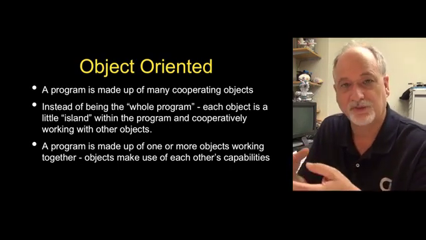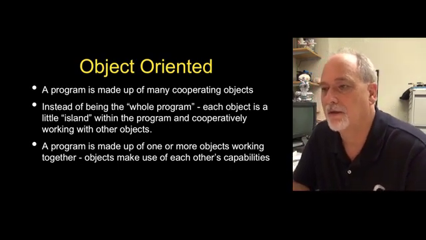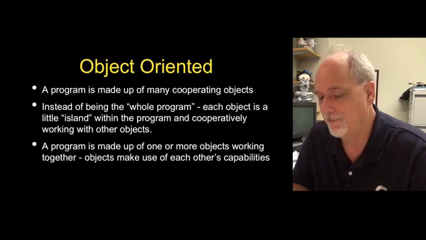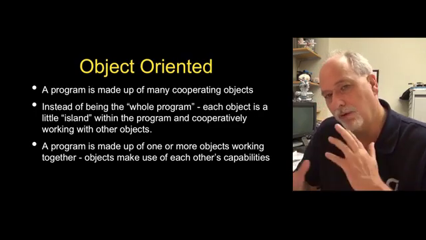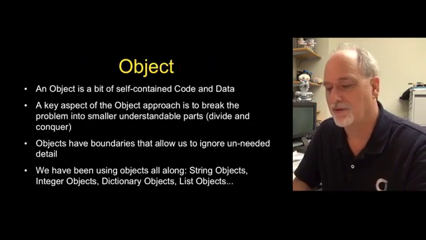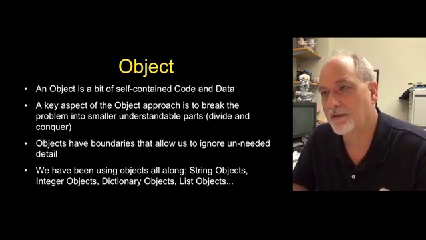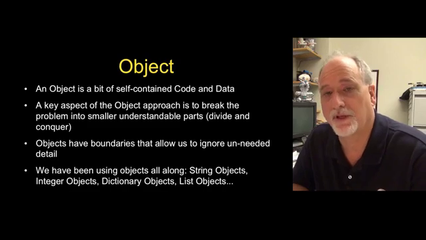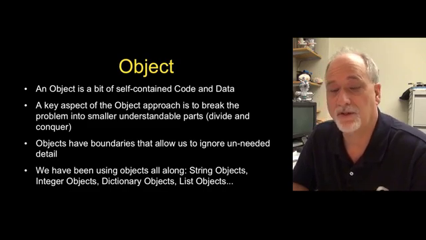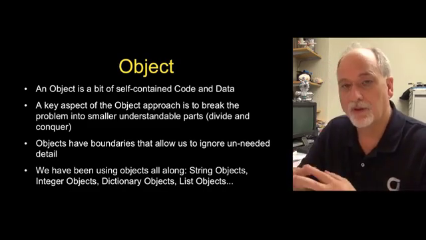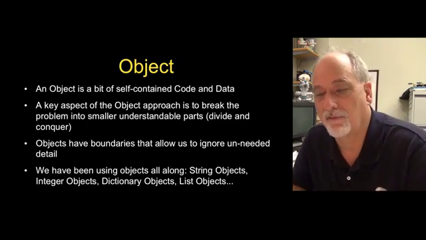It's sort of its own little space inside of a program that contains code and data. All these objects are now working together. It's a bit of self-contained code and data. And it is one way to take a very complex problem and make it easier by breaking it into separate things that can be engineered and developed separately.